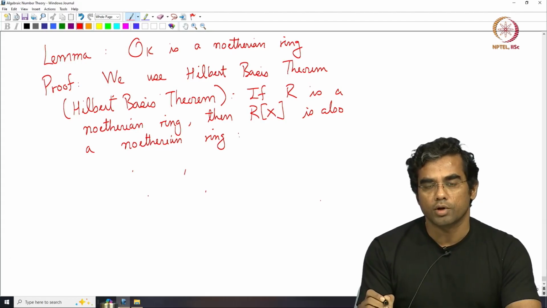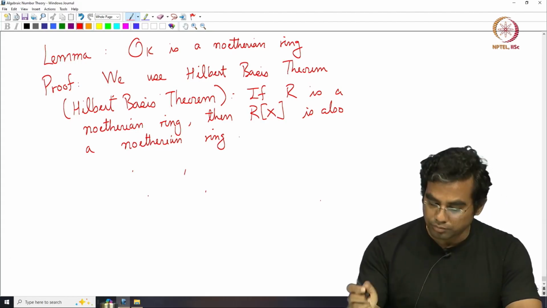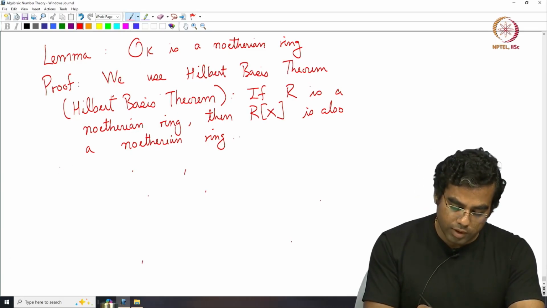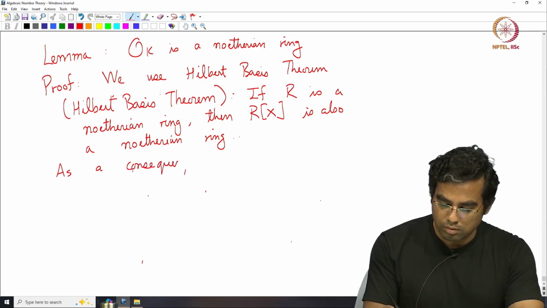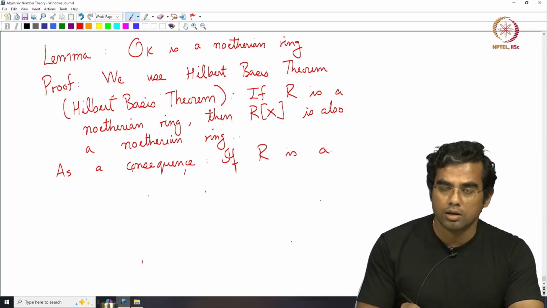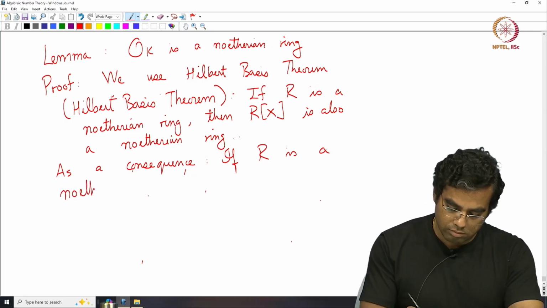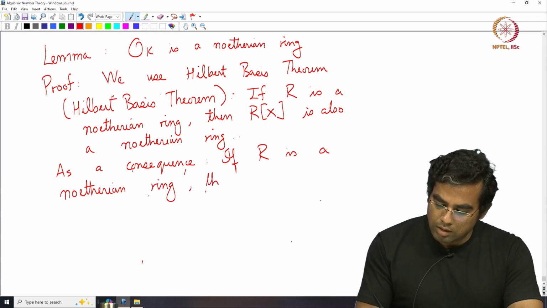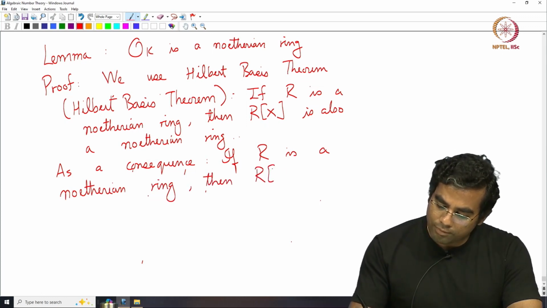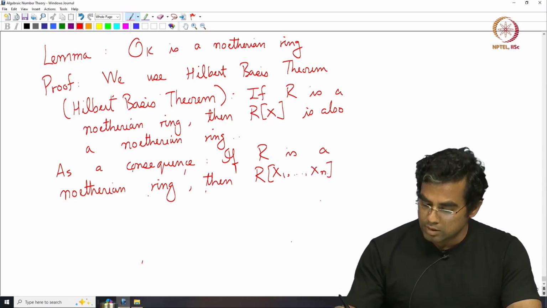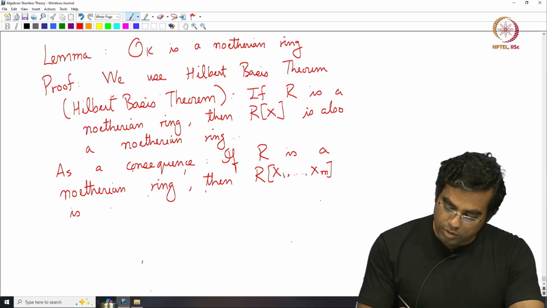Okay. So, this is what it says. All right. So, what does this mean? As a consequence, if R is a Noetherian ring, then the ring of polynomials in a finite number of variables over R is a Noetherian ring.